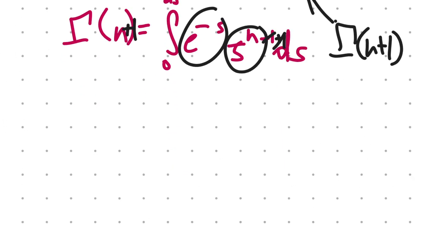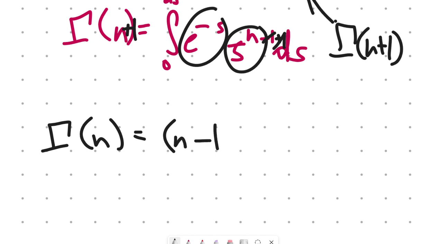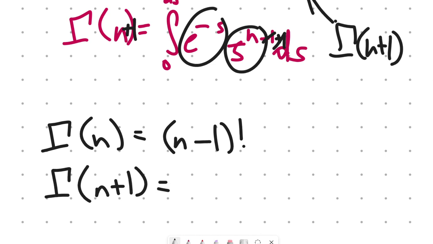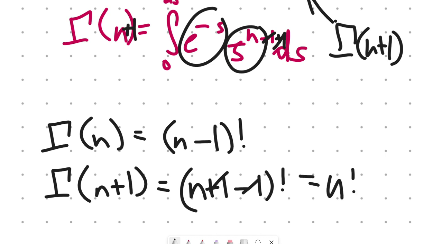And we know through gamma functions that gamma of any number n is equal to the number n minus 1 to its factorial. So it means that gamma of n plus 1 is equal to n plus 1 minus 1 factorial. So it will just be n factorial.